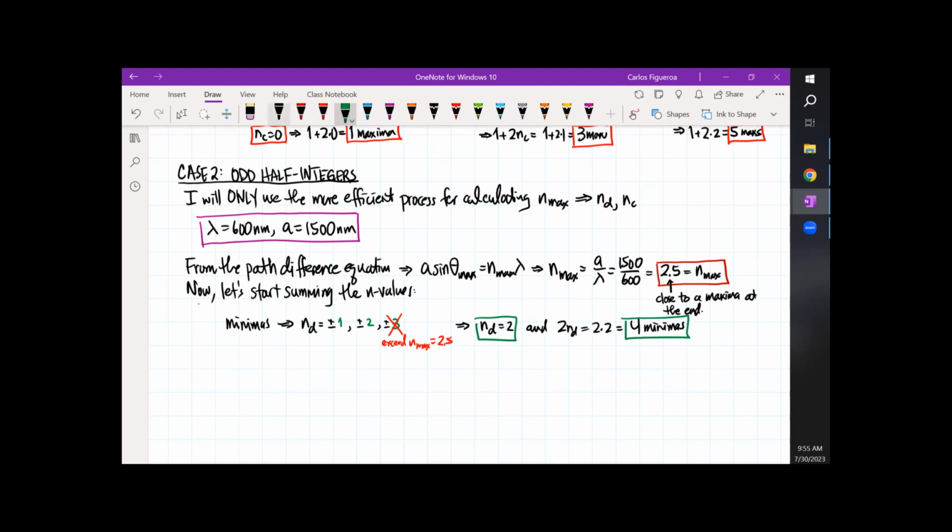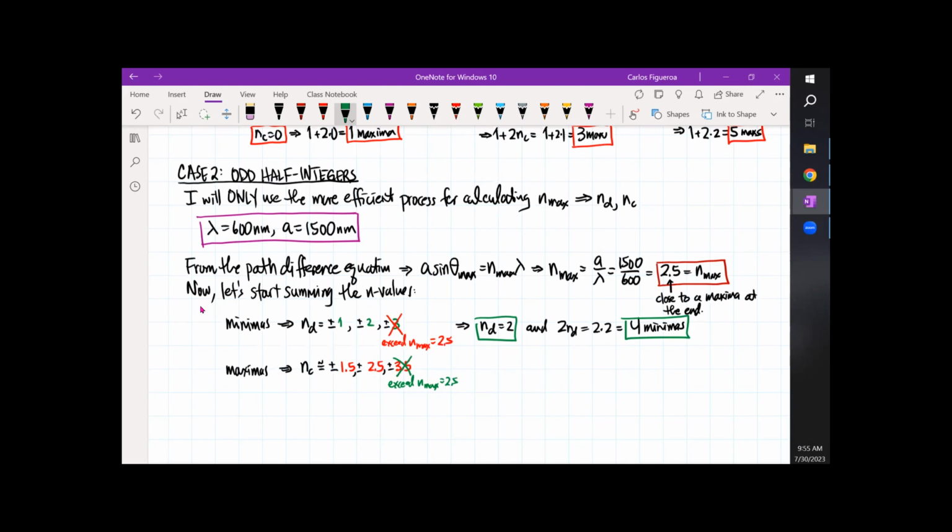Now let's go for the maximas. If I look at the maximas, then I have NC, and remember this is approximate, so this will be plus or minus 1.5, then 2.5, and then 3.5. As I sum these, you can see that the sequence ends at 3.5 because I exceeded Nmax of 2.5.